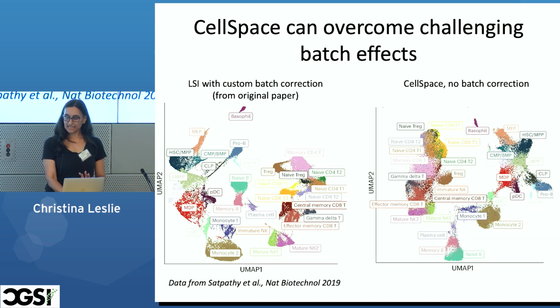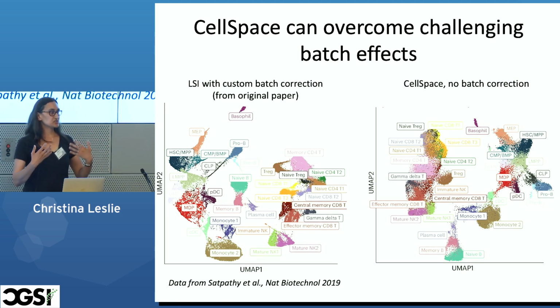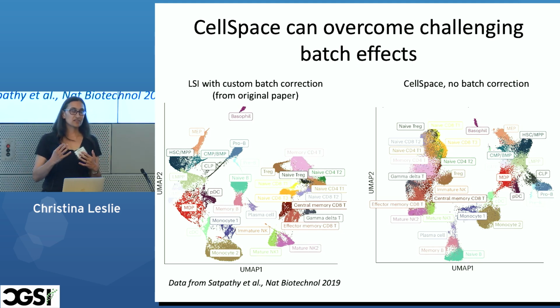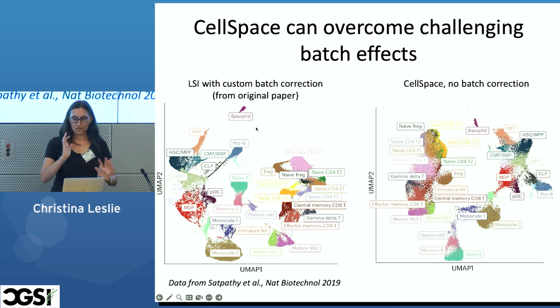And in order to get the embedding that you see on the left, they had to do a kind of bespoke procedure. They're using standard methods, but they are doing a custom batch correction: embedding, batch correct, re-embed, and then they labeled their data. Okay, so that's this sort of custom approach.